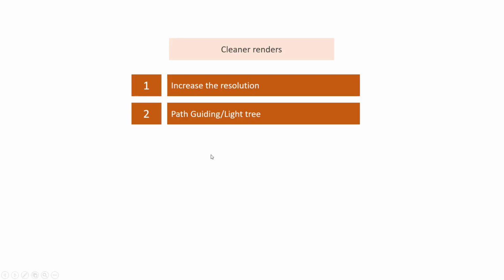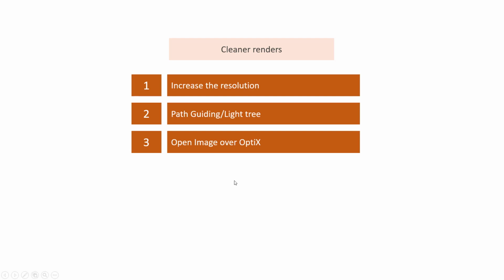So the next step is Open Image Denoising over OptiX denoising. Just use Open Image over OptiX because OptiX kind of washes away a lot of details, kind of smoothens or over-denoises, I don't know. But Open Image Denoising generally preserves detail much better.